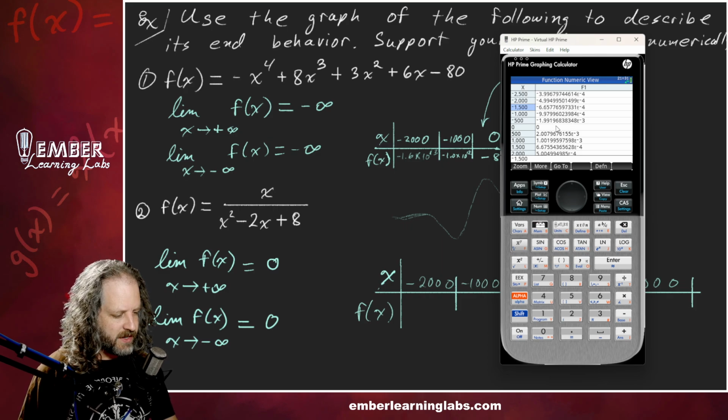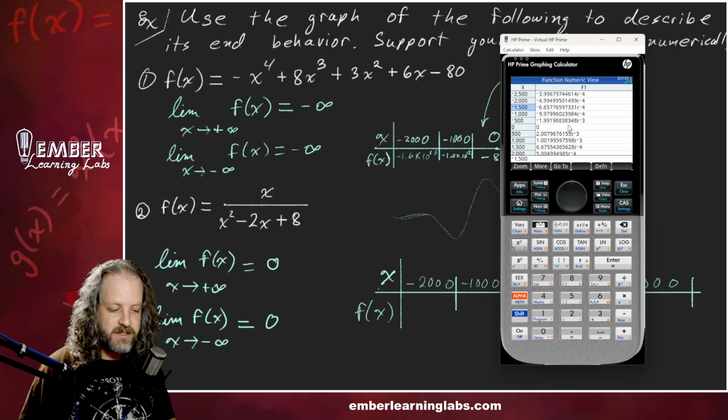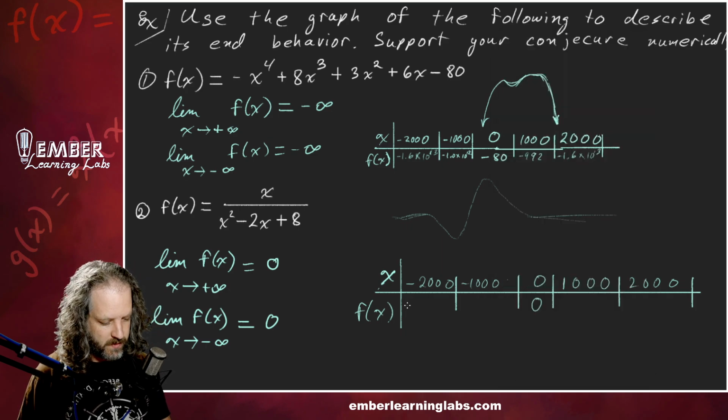So at 1,000, it's negative 10 times 10 to the negative 4. I know this isn't quite correct scientific notation, but we're really just trying to get the point across.